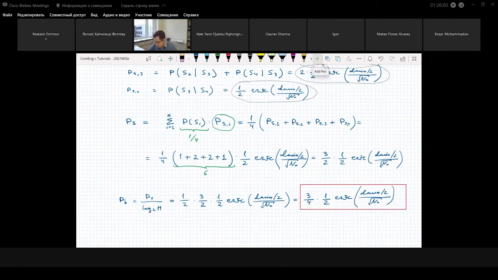But before we come to the comparison, please pay attention that now in front of the expression for bit error we have 3/4. It means that the resulting probability of bit error will be smaller than 1/2 of the error function itself.